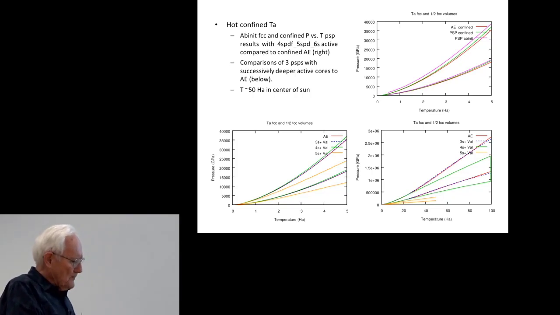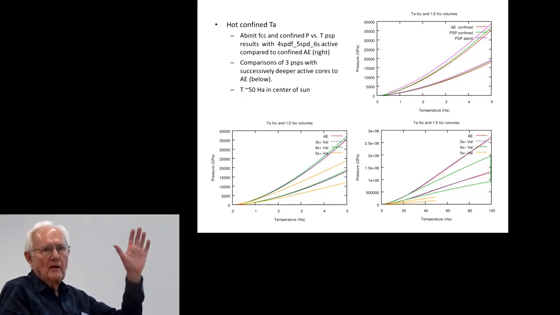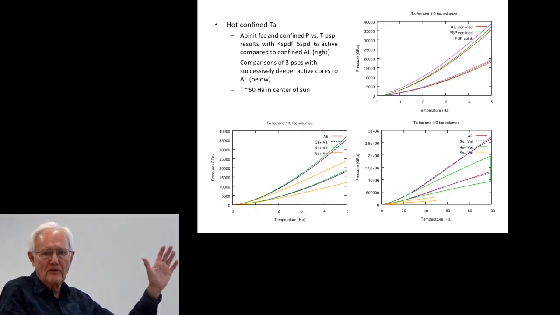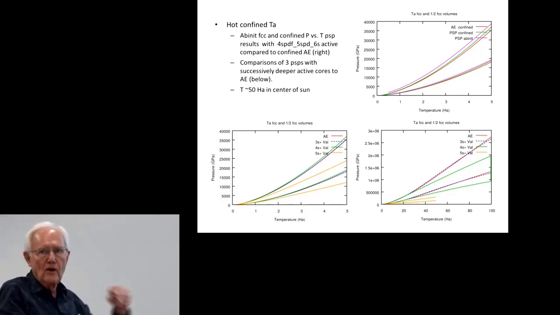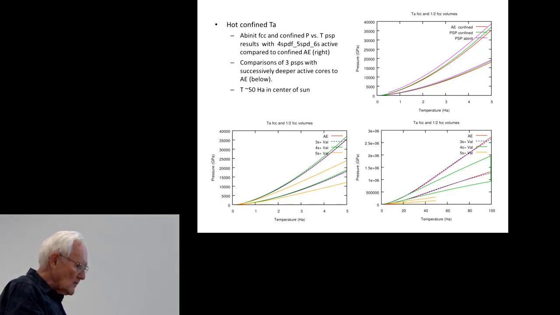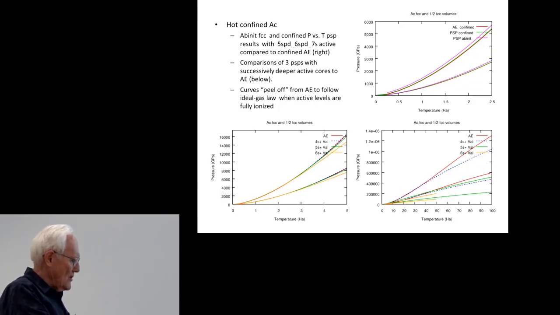Anyway, they peel off from the all-electron curve. You can barely see it here at the very highest temperatures because you basically cooked off all the electrons you had in the pseudopotential. The all-electron potential still has a few more electrons, so that keeps going. And here I'm just showing the blow up at lower energies. Let me go back for a moment to actinium, where you can see the peel off more clearly.